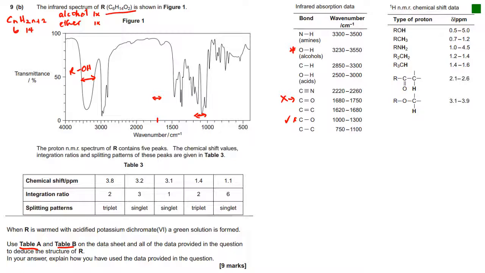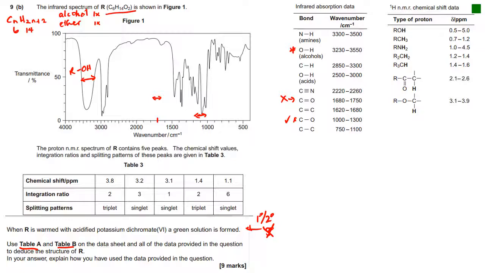We think this molecule R has got one OH group in it and one ether link in it. And while we're at it, of course, we've read this part of the question, and so we know that this is either a primary or a secondary alcohol, but not a tertiary alcohol from that little statement there.